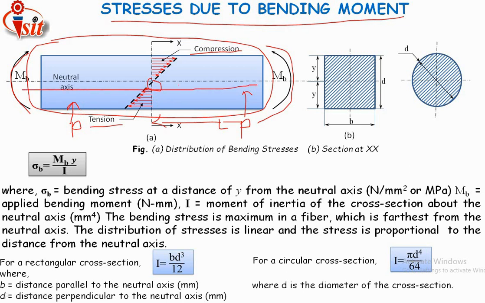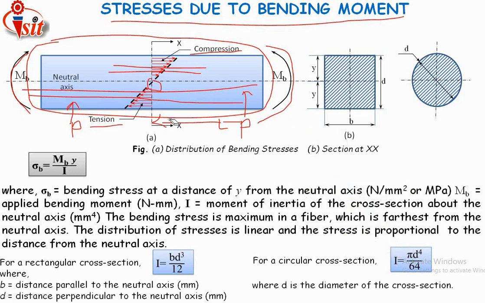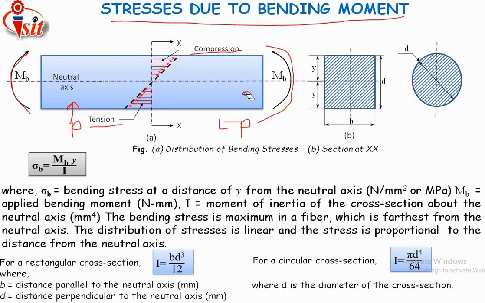The fibers below the neutral axis will be in tension, and the fibers above the neutral axis will be under compression.